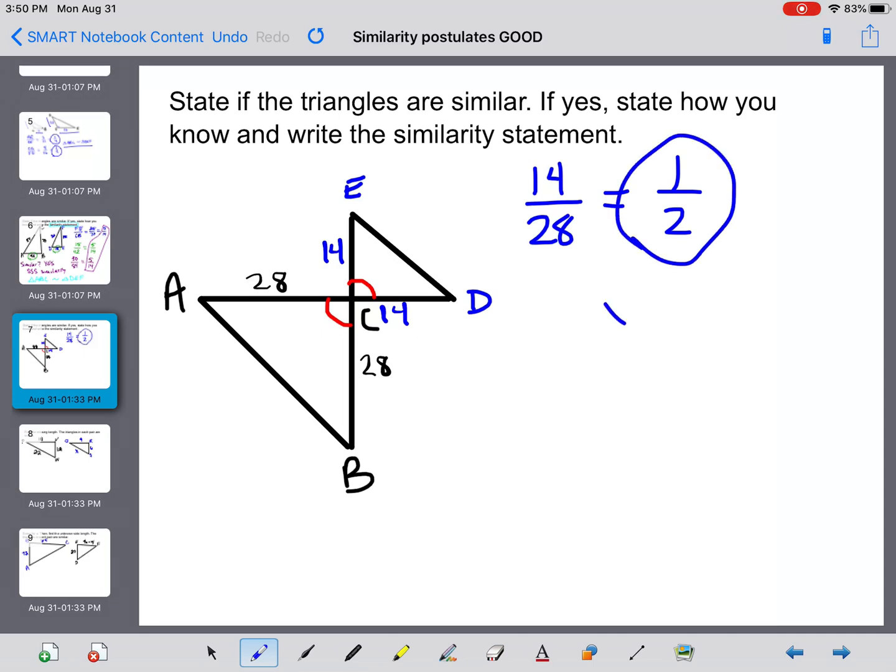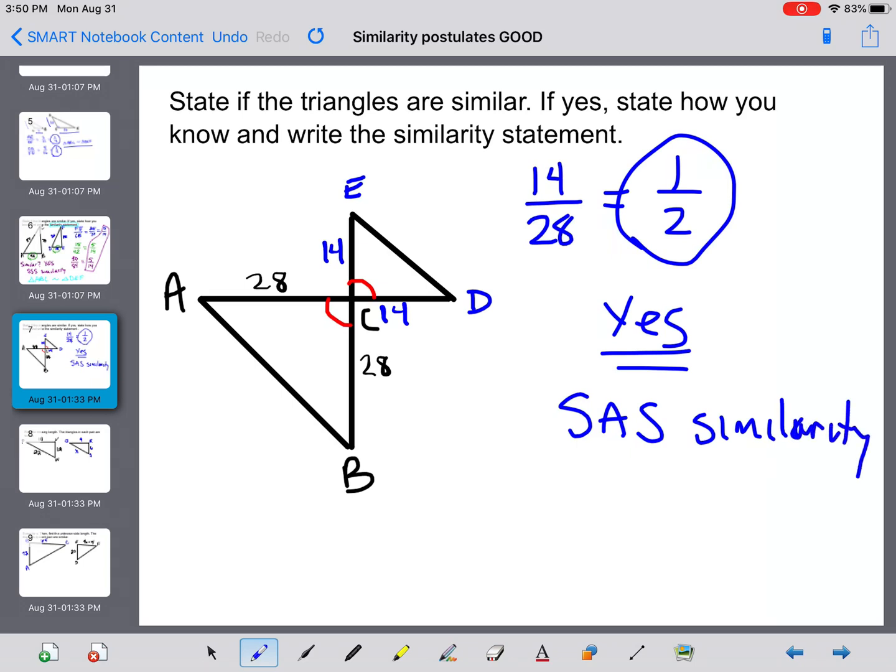So are they similar? Yes. How do we know? Well, we know because of our side-angle-side similarity. The corresponding sides are proportional and the included angle is congruent.